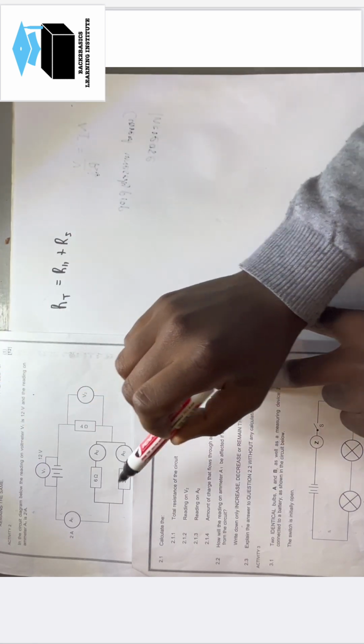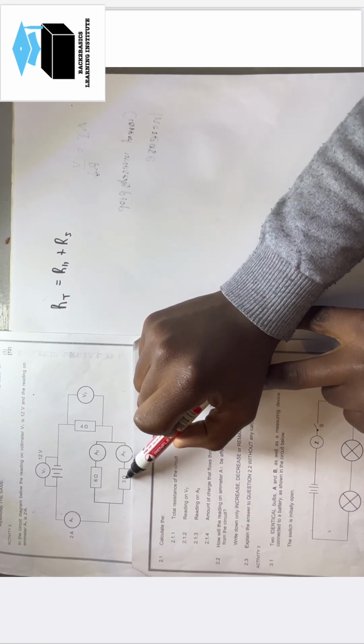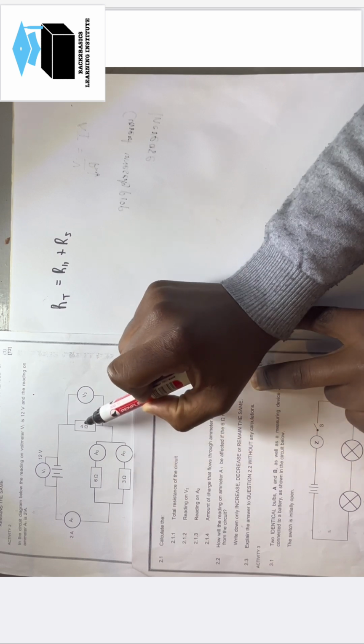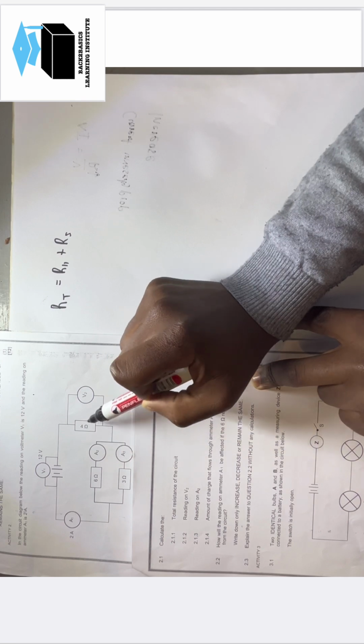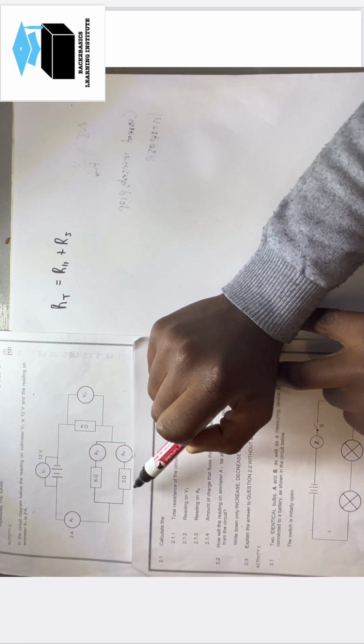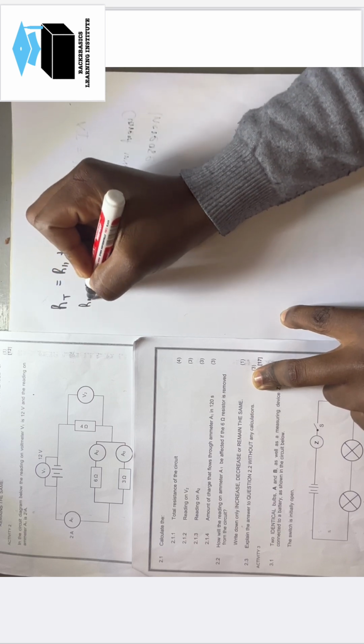As you can see, you have a 6 ohms resistor connected in parallel with a 3 ohms resistor, and a 4 ohms resistor connected in series with these 2. Are we together? So firstly, what is your R parallel?